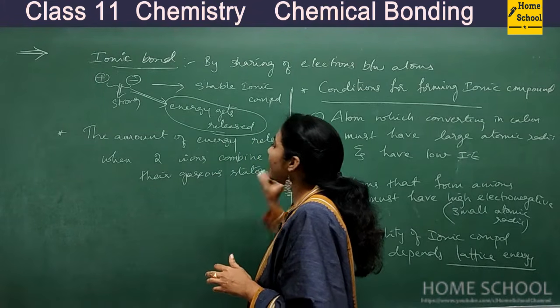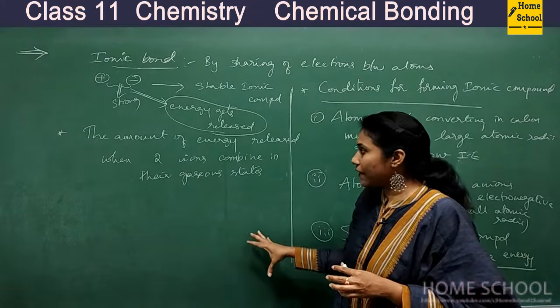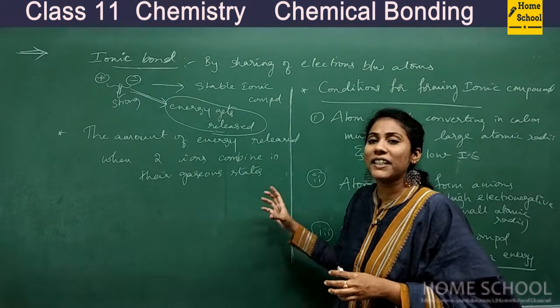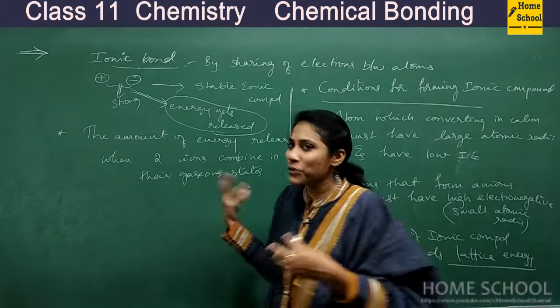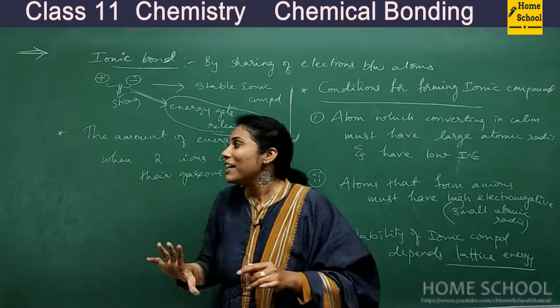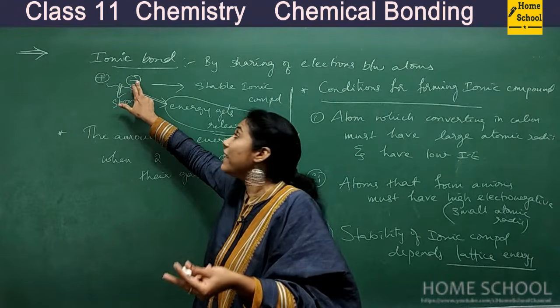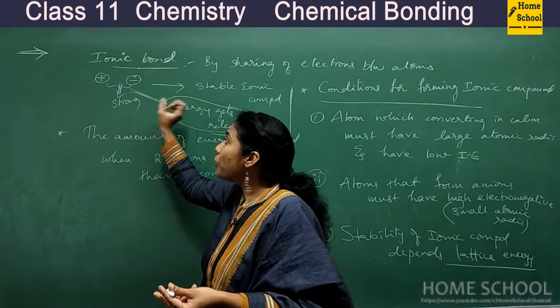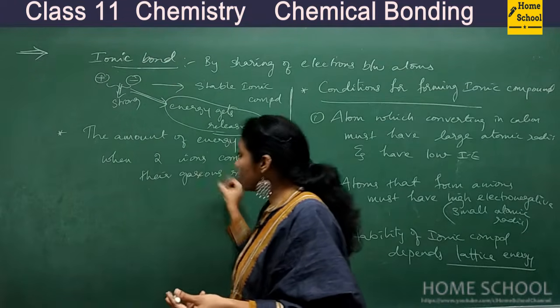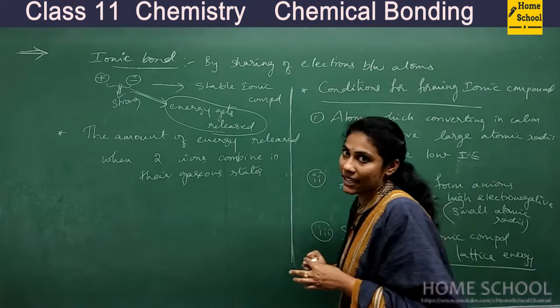Actually, lattice enthalpy has another definition, but this is one of the definitions that we are using for this situation. So when two ions in their gaseous state combine, the amount of energy released is called lattice energy.